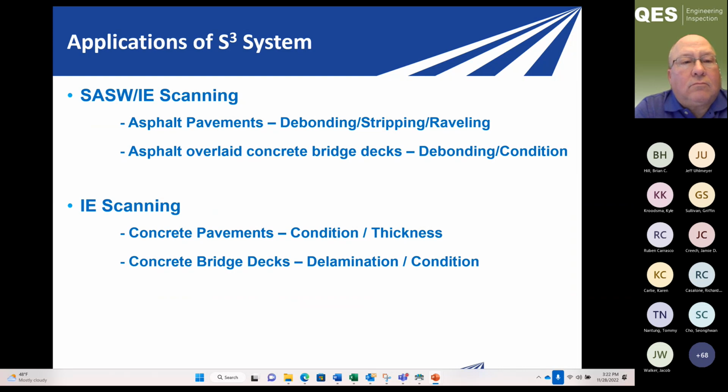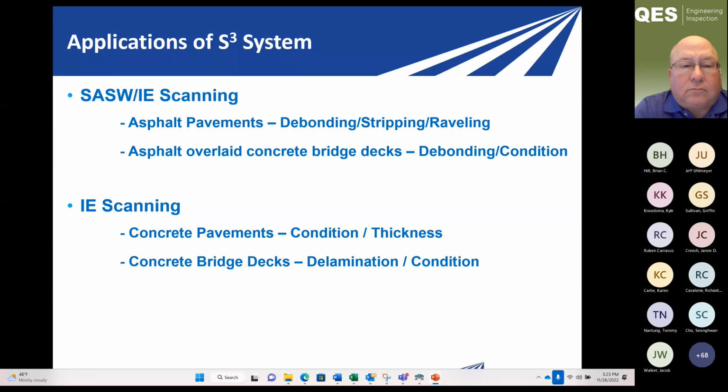In summary, the applications for the S-Cube system, if we're using the surface waves and NDE scanning, works well on asphalt pavements or asphalt overlaid concrete bridge decks. It could also work on, I know one of the DOTs, I think it was Illinois, was talking about having a lot of asphalt covered concrete pavement.